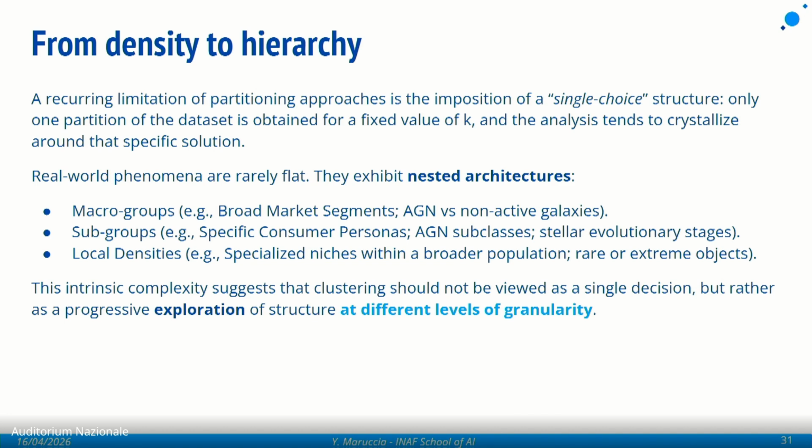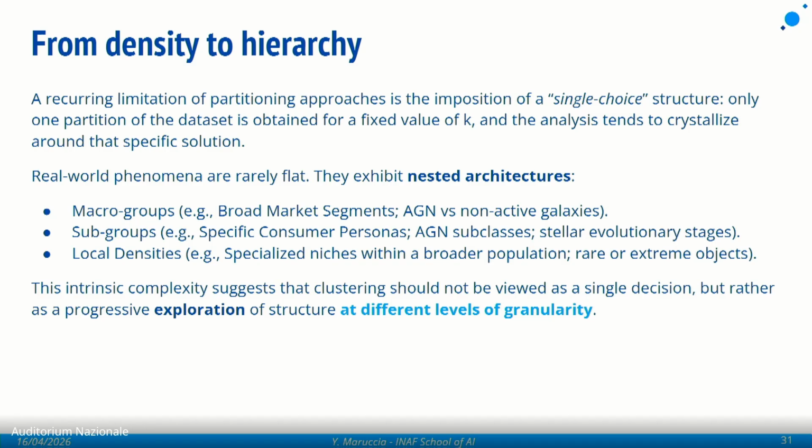That is another way to group data, but it is based on a different way to organize the data, because at the end the organization of the data changes. And so we are going from density, which is used by DBSCAN, to hierarchy, in which the data are organized in nested architectures.